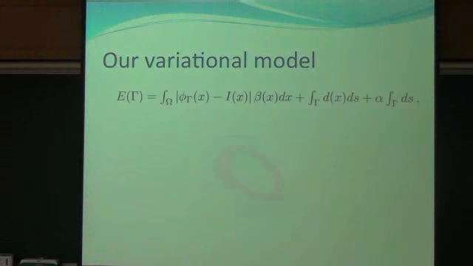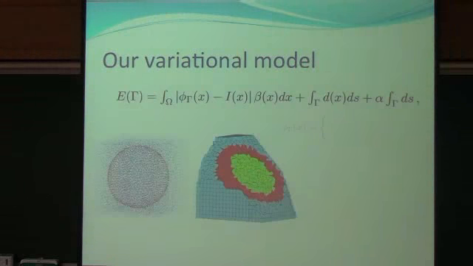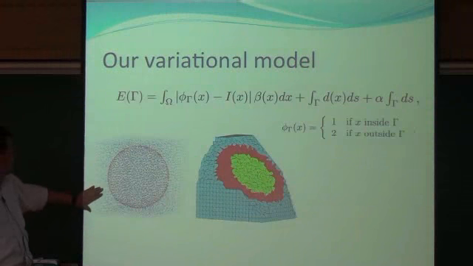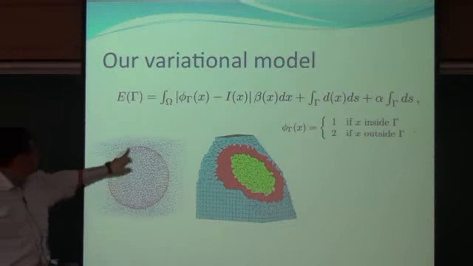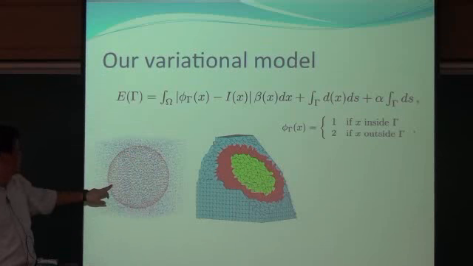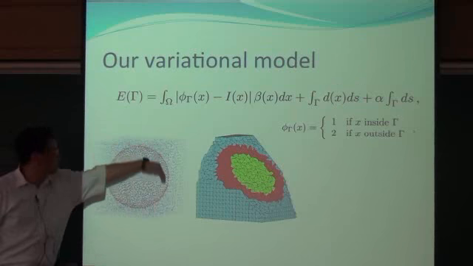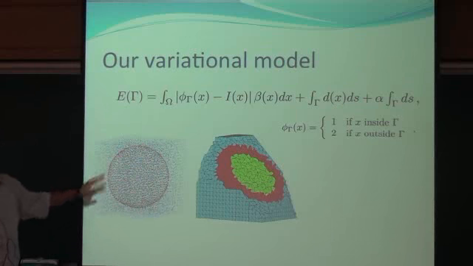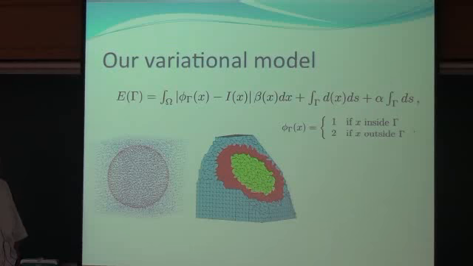So here I'm trying to show how you use surface construction. You have a point cloud; here the red points are the point cloud. You try to construct a surface, especially a triangulated surface, passing through all the points in the point cloud or being as close as possible.